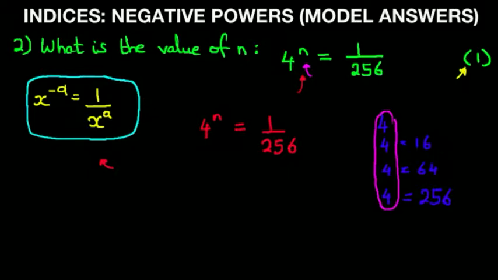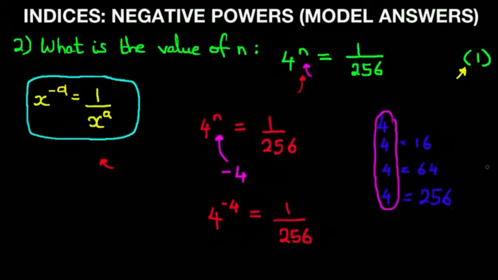And using our formula, we can then deduce that n equals minus 4. So let's just write that out so we can fully understand it. 4 to the power of minus 4 equals 1 over 256.